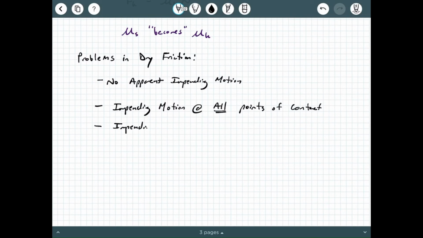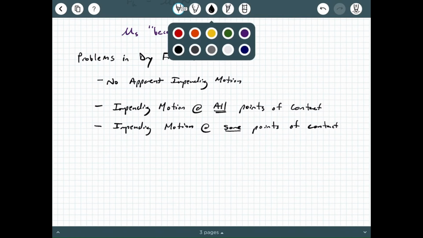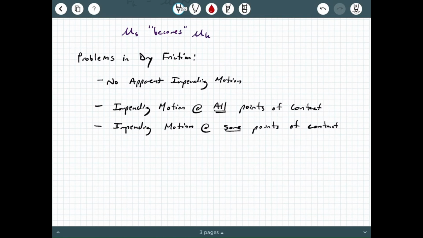And then the third case is going to be impending motion at some points of contact. And in terms of problems in this course, you just need to read the directions carefully and figure out what the directions are telling you about what type of potential issue you're dealing with in a given problem. So let's talk about each one of these very quickly, okay?